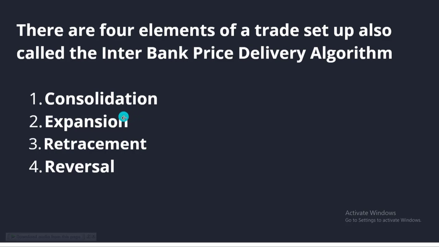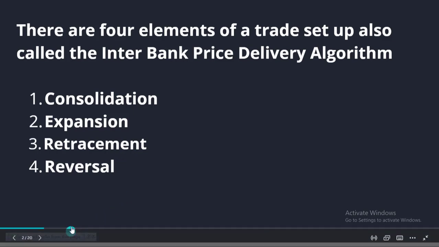Or price is either retracing into a fair valuation or reversing from one point to the other. These are the 4 things that make up price, irrespective of the asset class that you are trading.